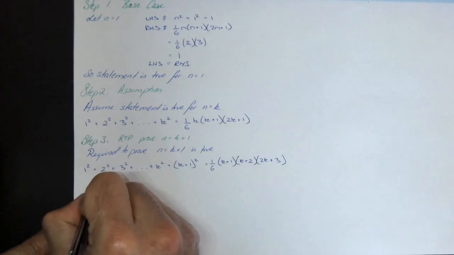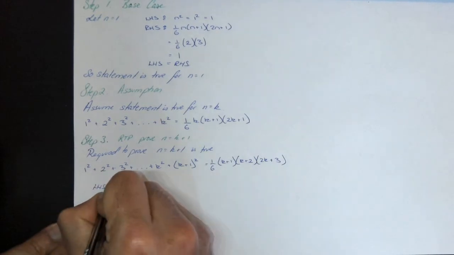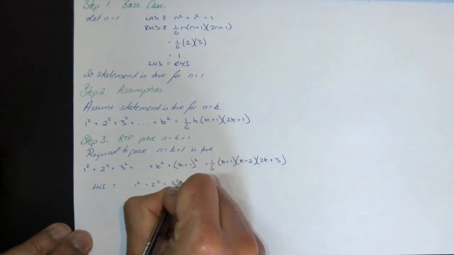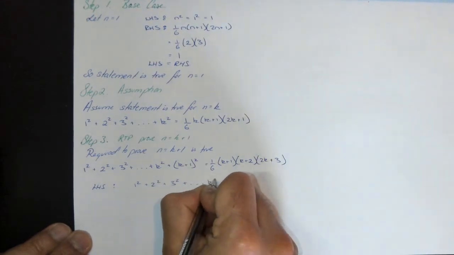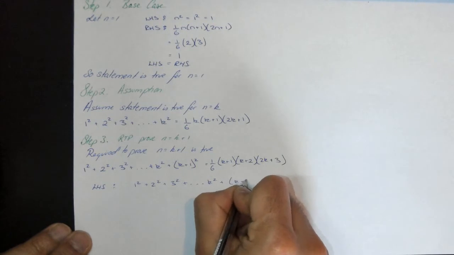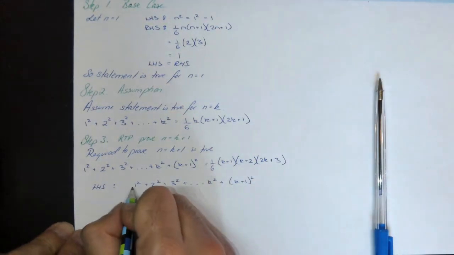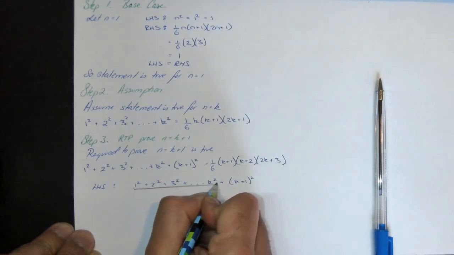So the left-hand side, we've got 1 squared plus 2 squared plus 3 squared, up to k squared, plus k plus 1 all squared. Remember that we know what the first part is using our assumption.